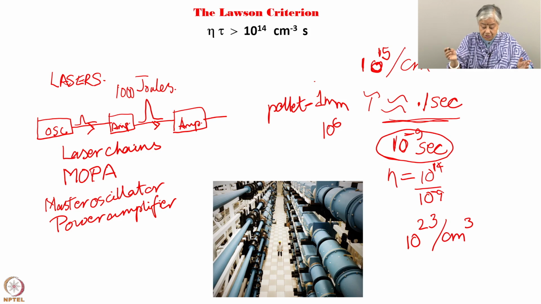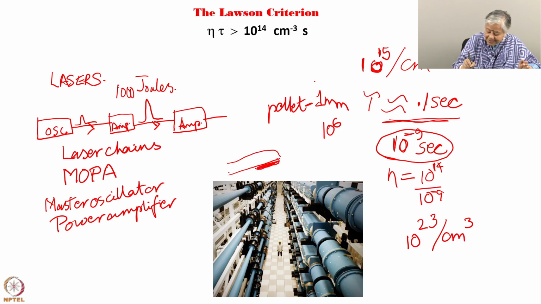Quite often you will see a picture in Wikipedia or even in textbooks. They will show you that pellet sitting on a finger, just to show you how tiny it is. It will be sitting like that if this is a finger, and you have kept this finger near your eye.